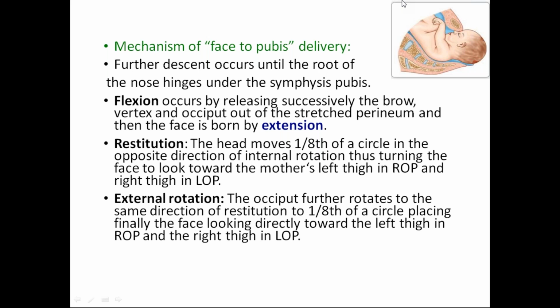So depending upon the position, if it is at the left side, it will go right, and if the right side, it will go left. Then external rotation: the occiput further rotates in the same direction as restitution. After delivery, it is external rotation, so that the shoulder will come along the anterior position. So all this is happening here.